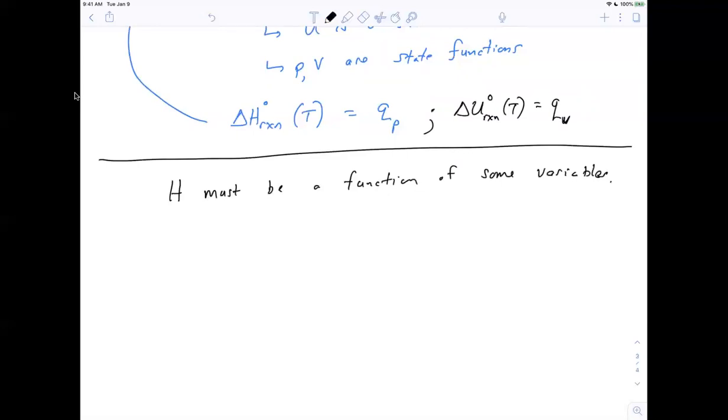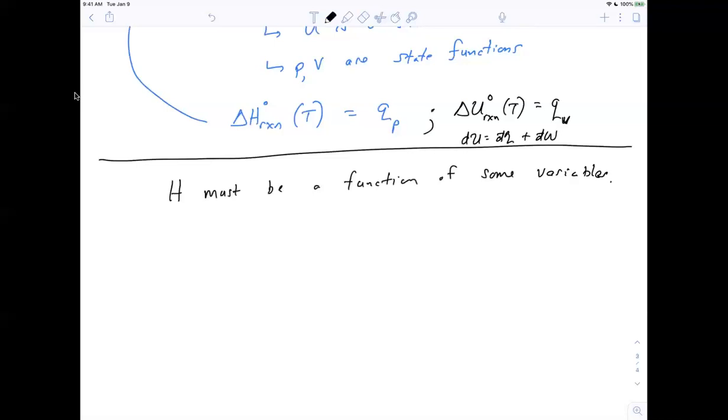Q sub V. Because recall from the first law, dU is equal to dq plus dw. But if it's at constant volume, the dw term would vanish. Because remember, dw is minus p external dV. And if it's constant volume, dV is 0. So we see here that delta U of a reaction or delta U of a process at constant volume would just be equal to the heat interaction at constant volume, Q sub V. Okay, so enthalpy and energy, H and U, are analogous.